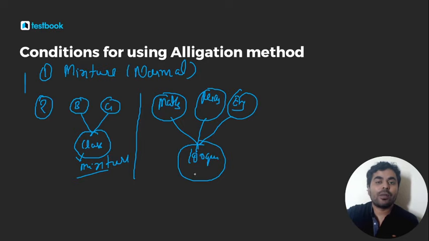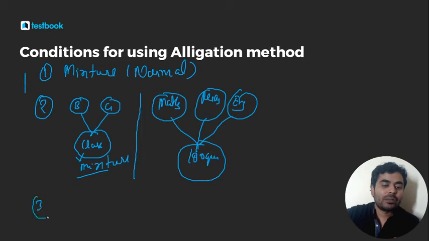This paper is also a kind of mixture, because many small groups are merging to form your pre-examination paper. Since this is an example of a mixture, such questions can be easily done by the allegation method.